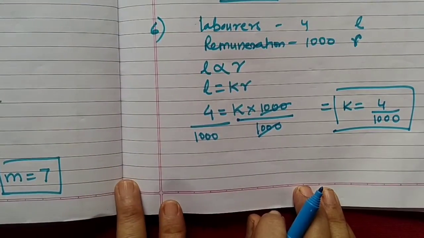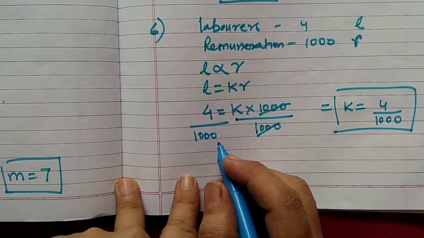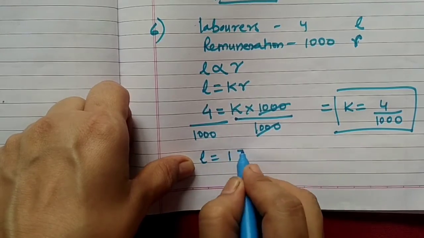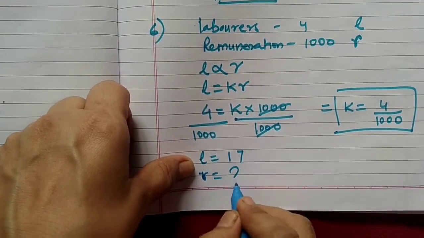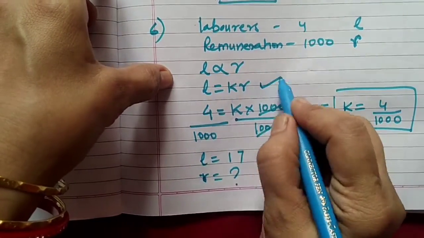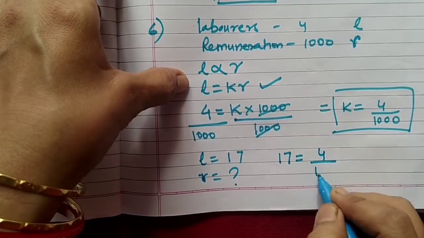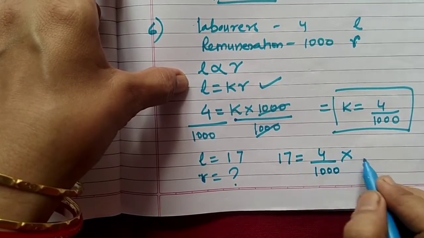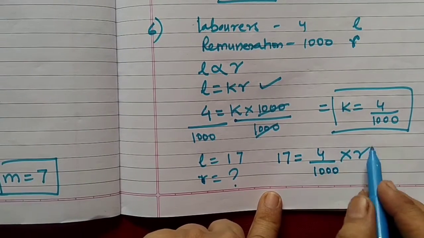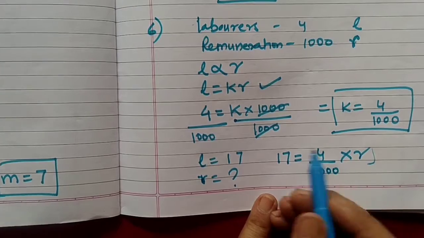Now what is given next? We have been given, find the remuneration of 17 laborers. Here the laborers, that is L, is equal to 17. We have to find out R. Again we will use this formula. 17 is equal to 4 upon 1000 into R. We have to find out R. So we will keep this R as it is, and we will shift 4 upon 1000 to the other side.